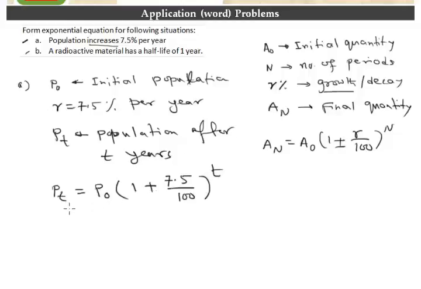So this is the exponential relation that represents this scenario, where P0 is the initial population and Pt is the population after t years.